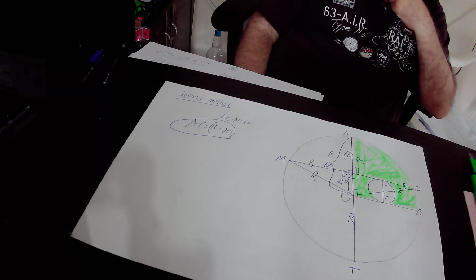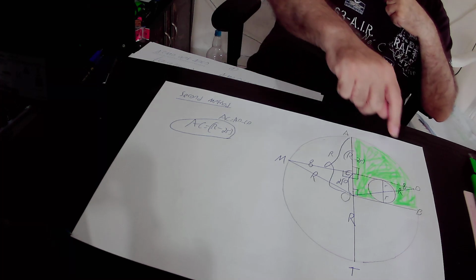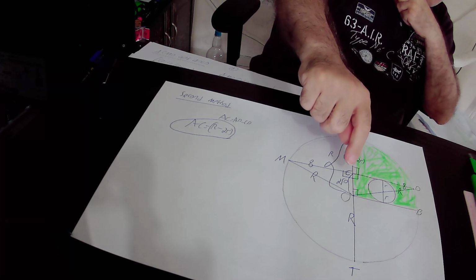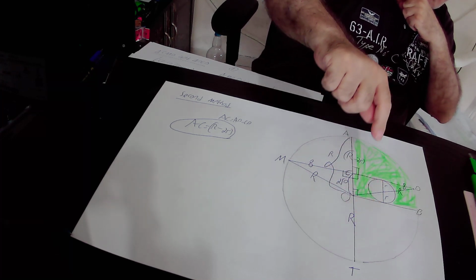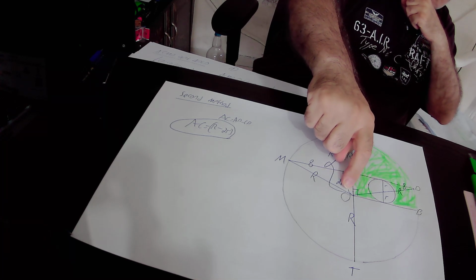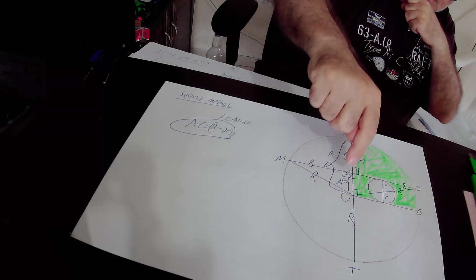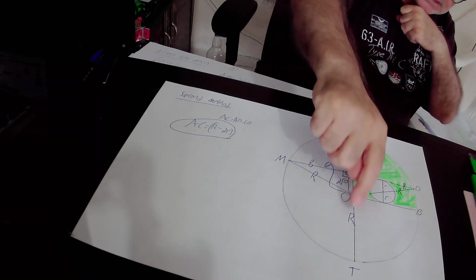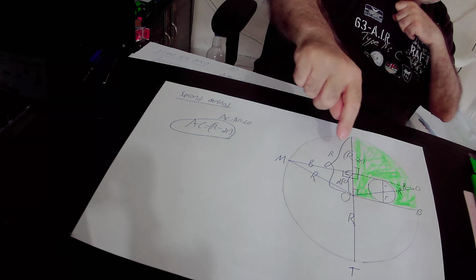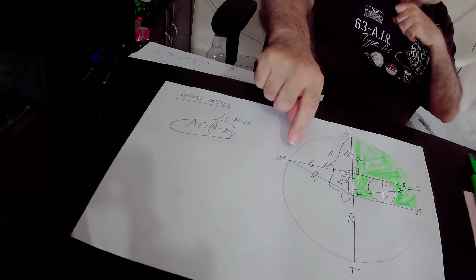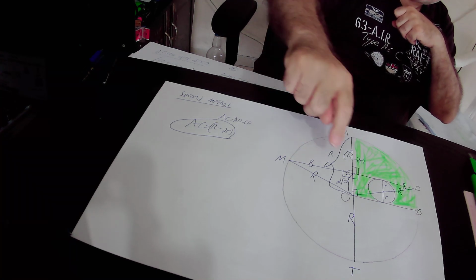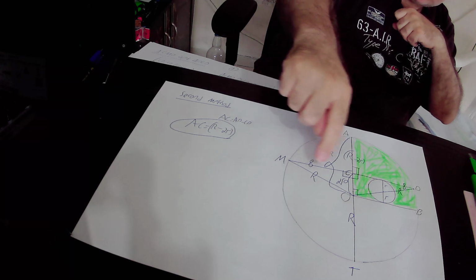Then we completed the quarter circle to a circle. We extended the radius AO until it touches the circle at point T. Point O is the center of the circle, point T is a point on the circle itself, therefore OT is the radius of the big circle, equal to capital R. Then we extended the straight line DC until it touches the circle at point M. We join points O and M together by a straight line.